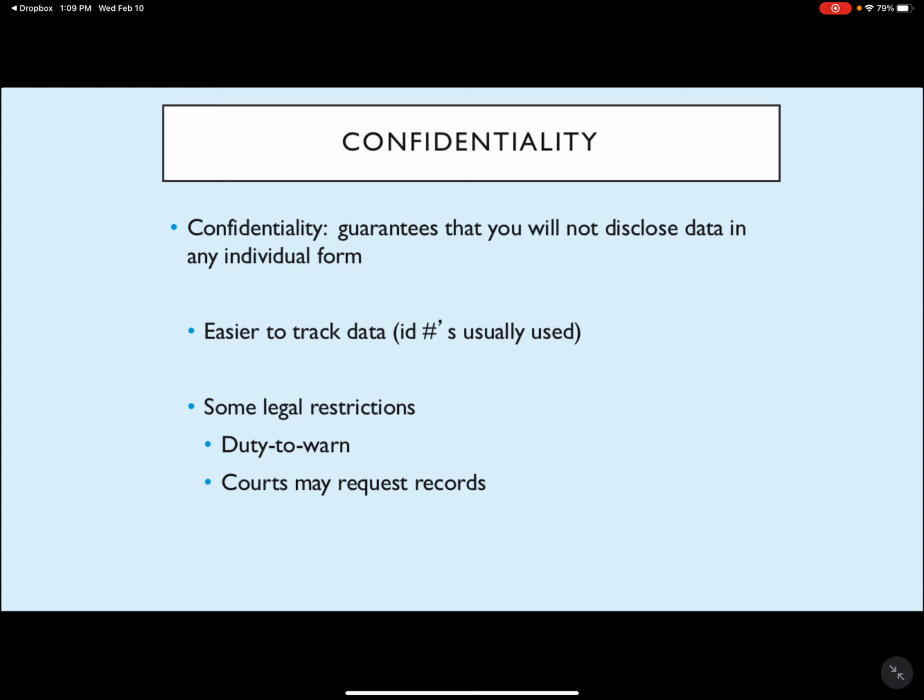Your first responsibility is to your test participants. So you're not going to tell people what they told you in confidentiality for the good of science. Now, one way that people maintain confidentiality is by assigning people IDs.